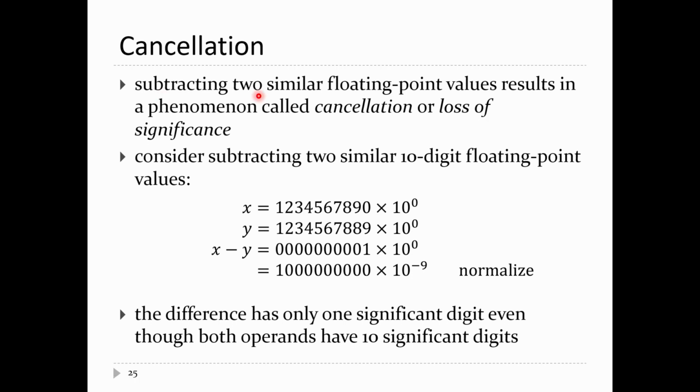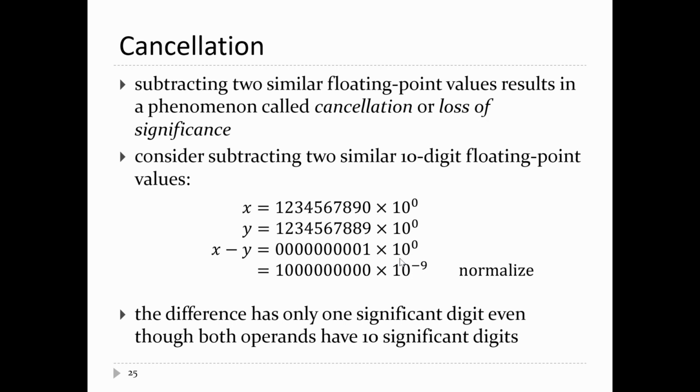Okay. So when you subtract 2 numbers in any base, not just floating point values, you end up canceling digits in the final result. You end up with what's called cancellation or loss of significance. And this is just how subtraction works. So here I've got 2 numbers.